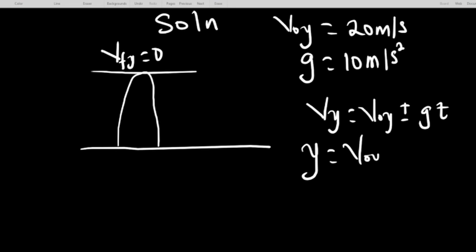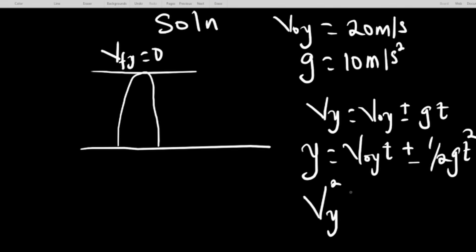And lastly, we have Vy squared equals V naught y squared plus or minus 2gh. So we're going to use these three equations to solve this problem.